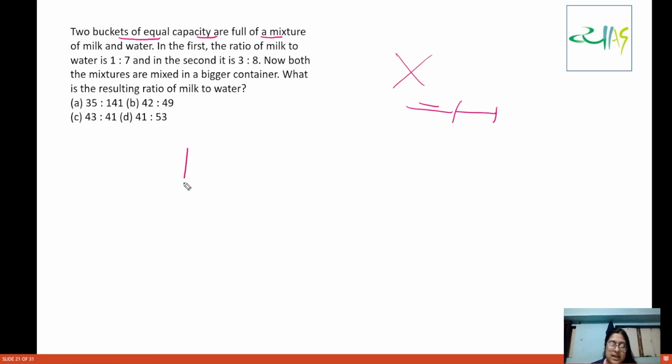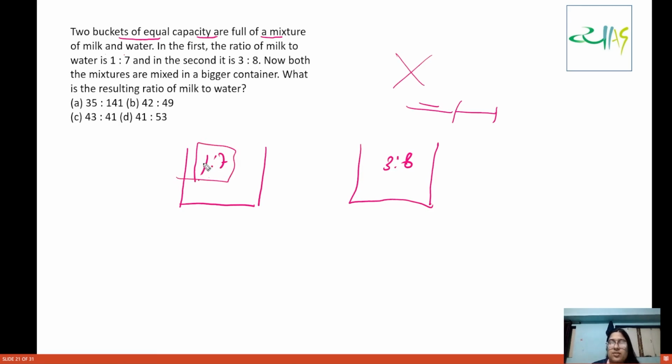are full of a mixture of milk and water. So we have these two buckets that are of equal quantity. Now they are saying that we have this 1 is to 7 ratio, and then we have this 3 is to 8 ratio. So what is the information I get from here, that if I am taking 8 liters of this mixture which is filled here, then I will get 1 liter of milk, because it is the ratio of milk to water, and then I will get 7 liter of water.